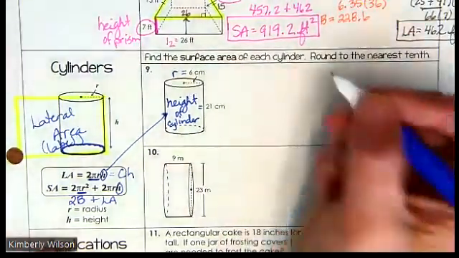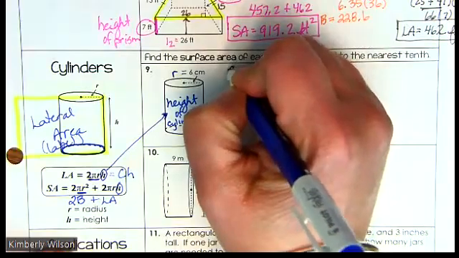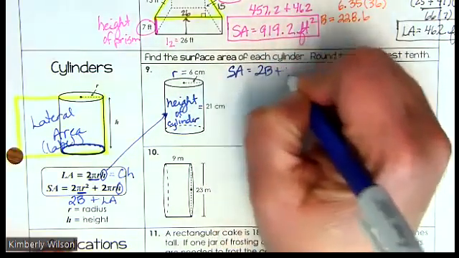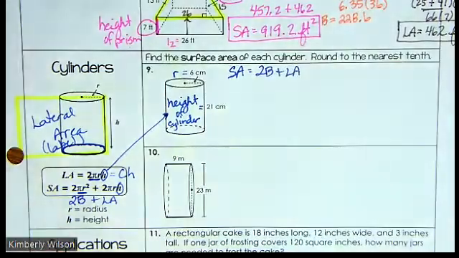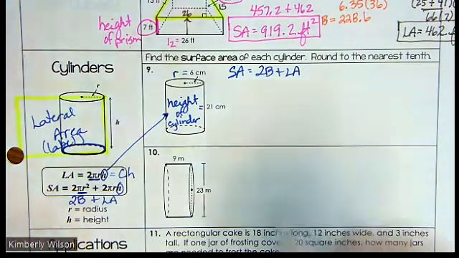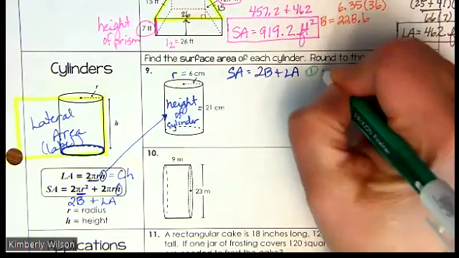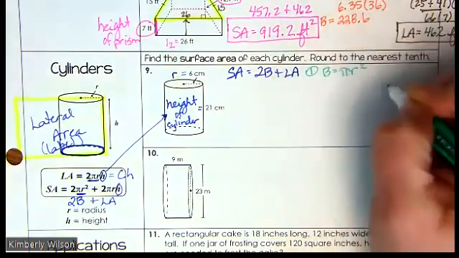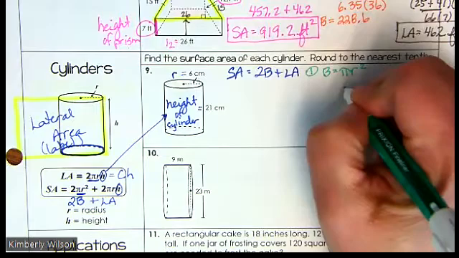All right, so here we go. We have our formula. Surface area equals 2b plus the lateral area. Let's do our steps. Number one, the capital B is a circle, so that's pi r squared. My radius is 6.